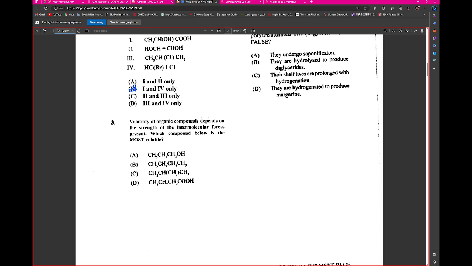The volatility of a compound. Hold on, give me a moment. Everything is slowing. Can you guys see my screen?